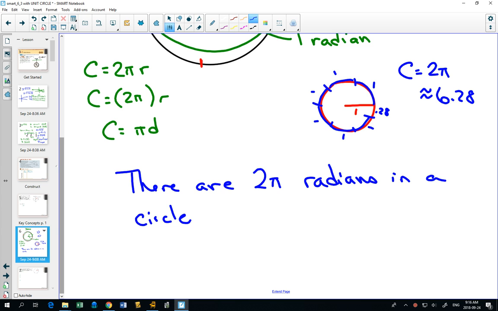That's how many radians it would take to go all the way around. Because if we think about the arc length and the circumference, our circumference formula tells us there are 2 pi radiuses around the edge of our circle. And every time we have a radius around the edge of our circle, we have a measurement of 1 radian.